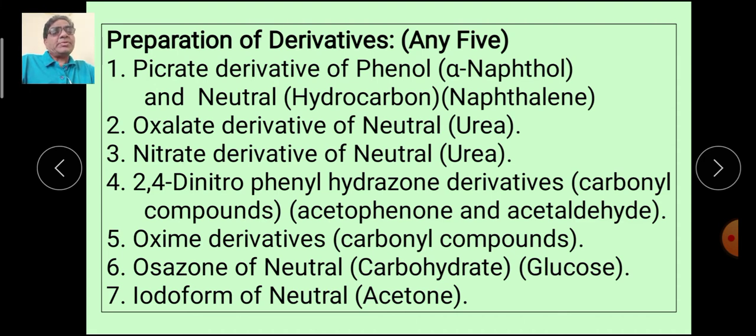Then oxime derivatives of carbonyl compounds. Sixth one is osazone derivative of neutral, that is carbohydrates. The compound glucose is taken, and last is iodoform derivative, that is of neutral, the compound is acid.